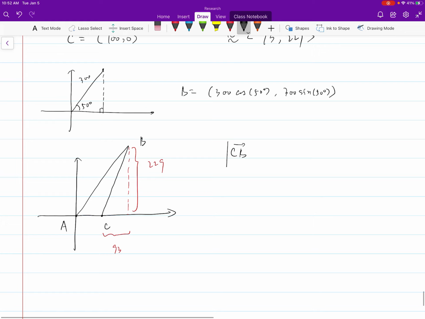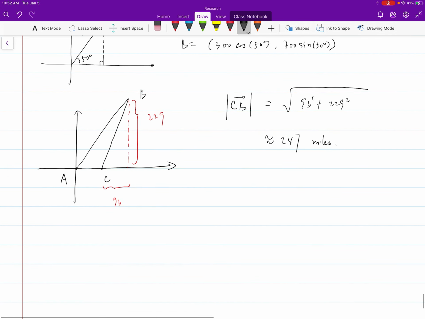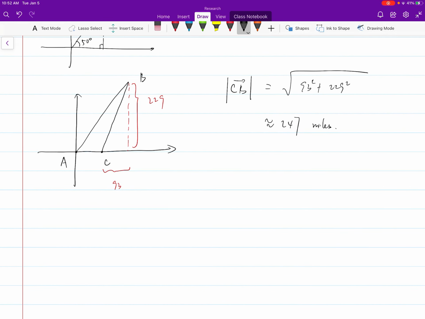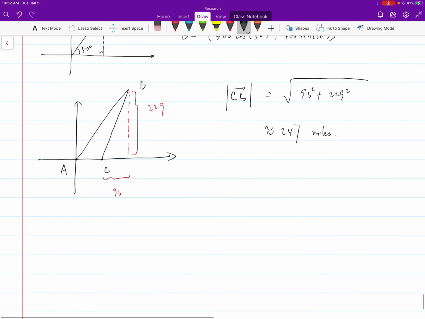So question, how far are you from C and B? This, which is square root of negative 93 squared plus 229 squared. Which is 247. Okay, which direction? Well, you need to ask yourself, you know this is 229, you know this is 93. What you want is this angle.